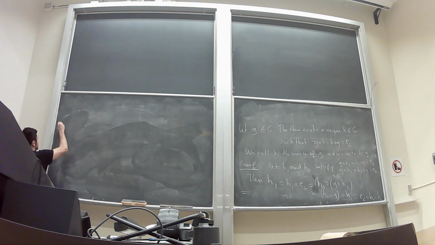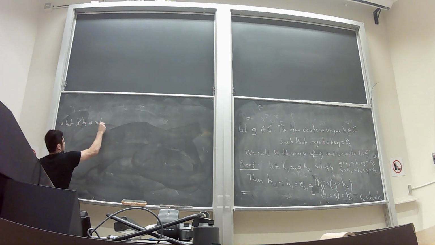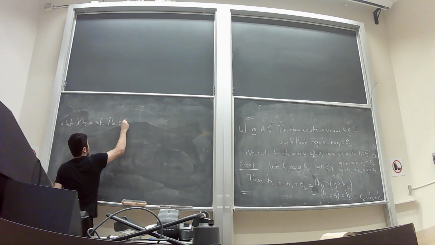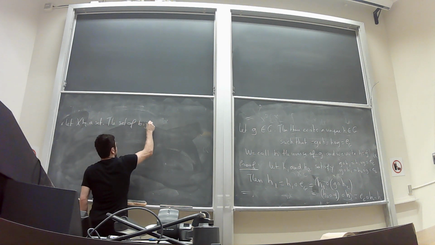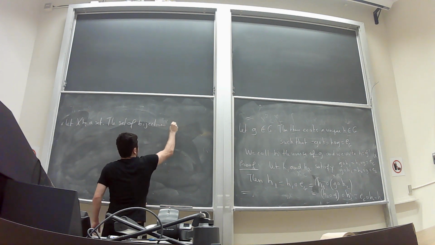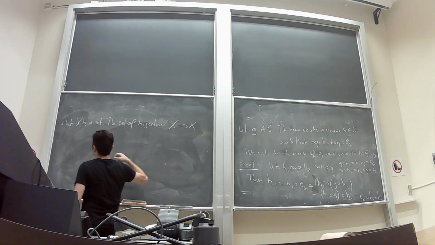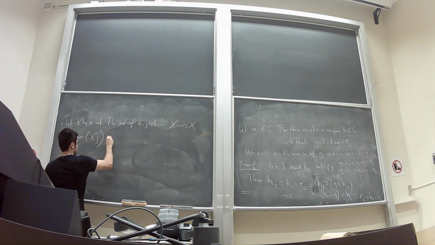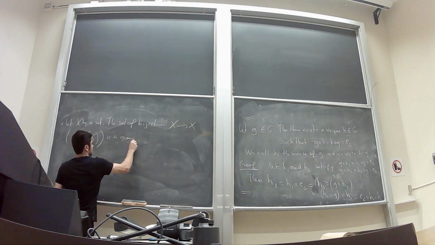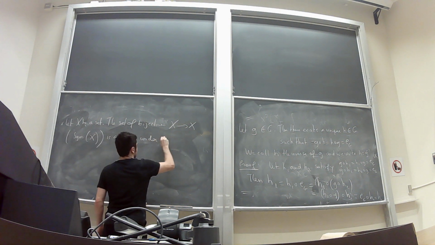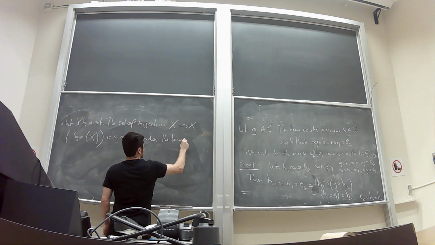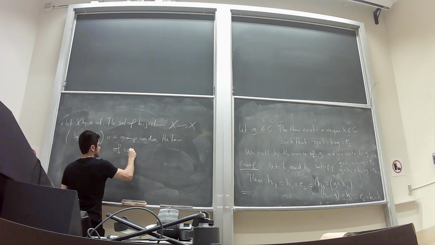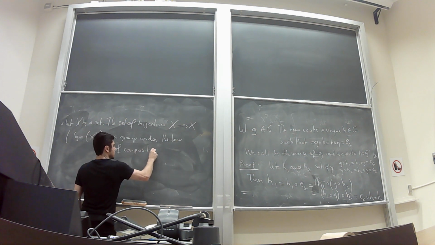Okay, so let X be a set. The set of bijections from X to X, which I will call Sym(X), symmetries of X, is a group under the law of composition of functions.